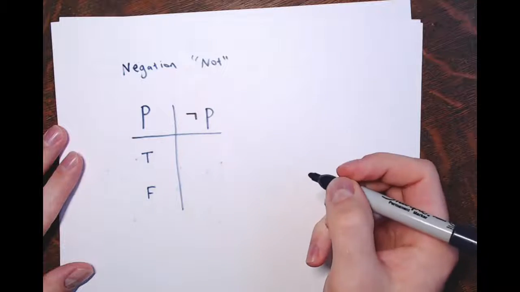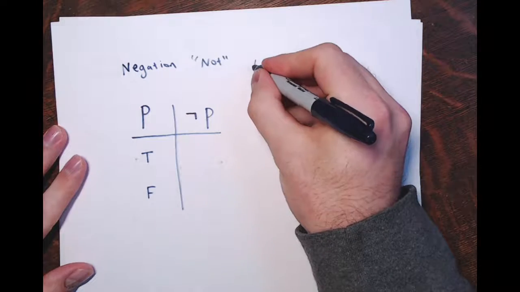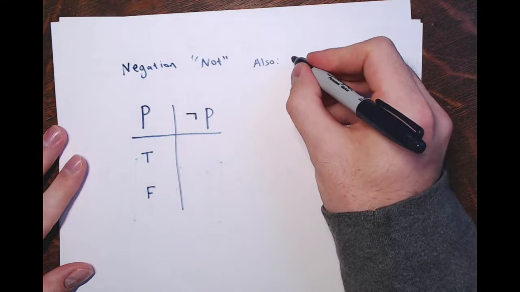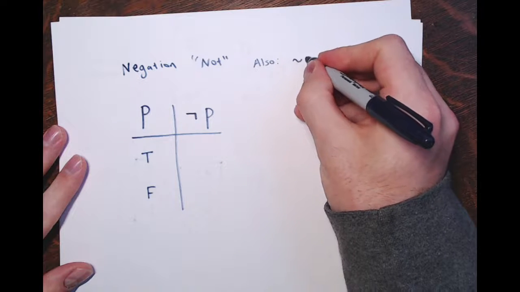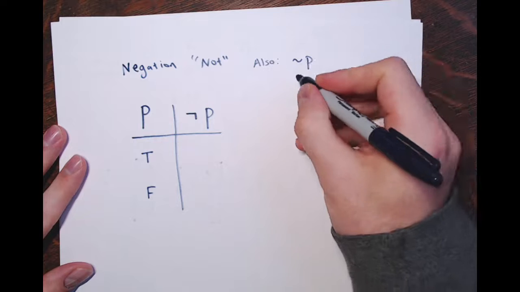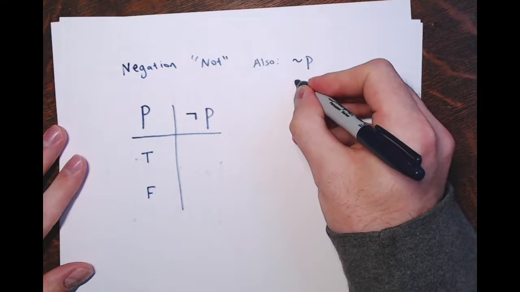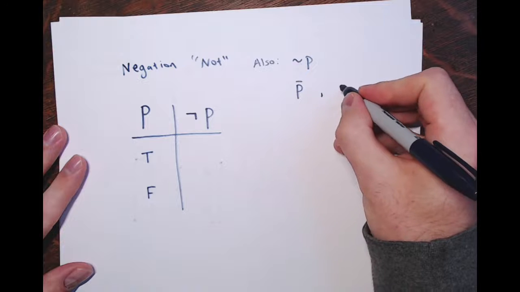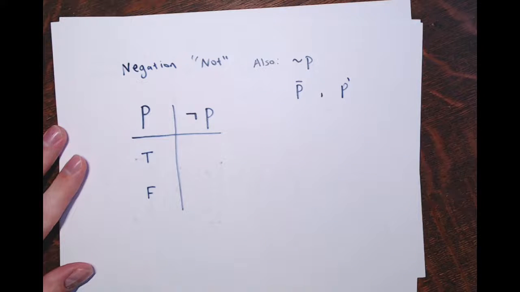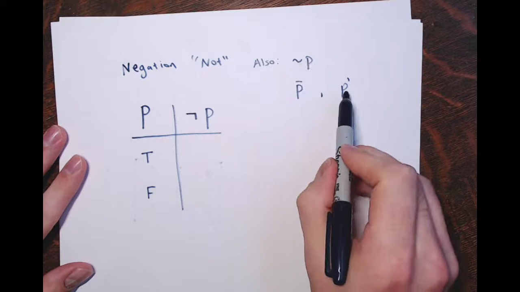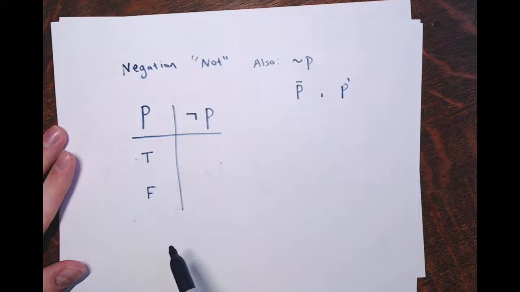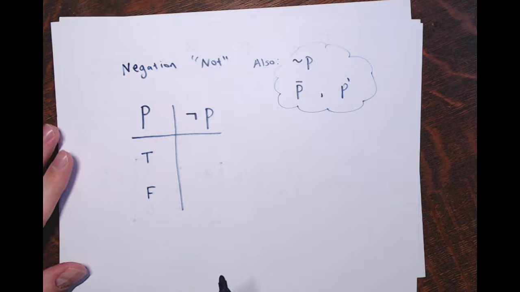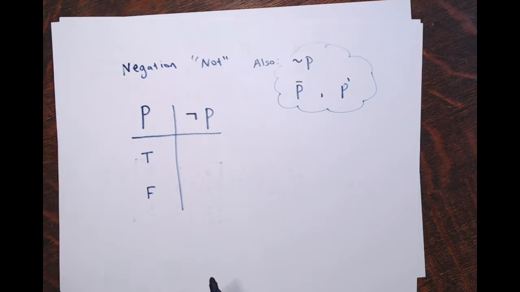Now, in case you're watching videos online, I've also seen this written as not P with a little tilde, or P bar, or P with an apostrophe. I've seen every single one of these mean not P. So it depends on who you're talking to, what book you're looking at, what video you're watching.